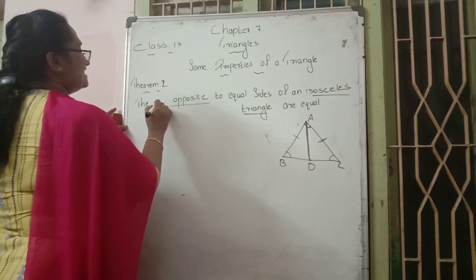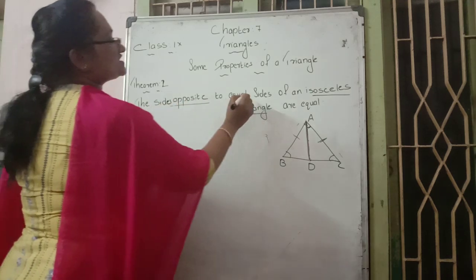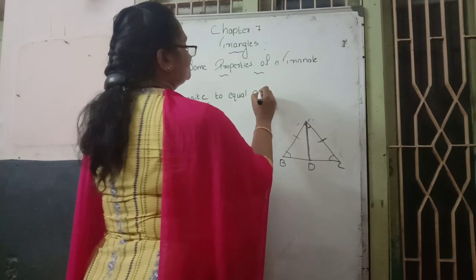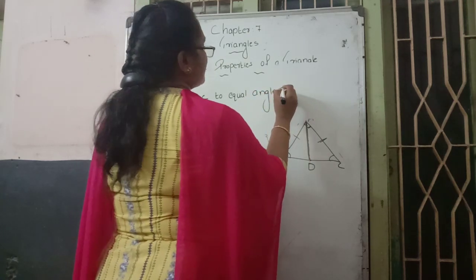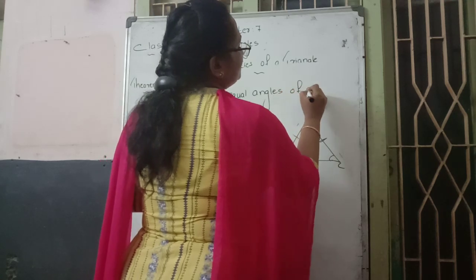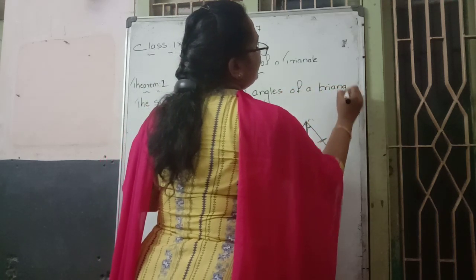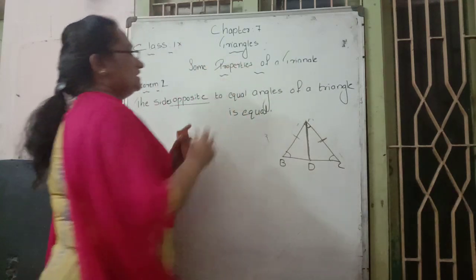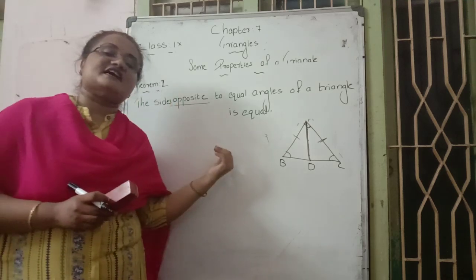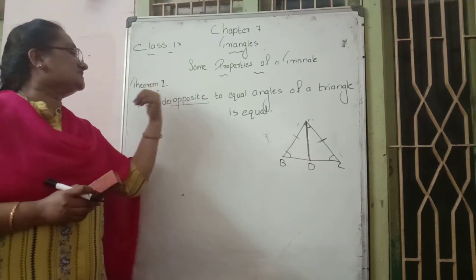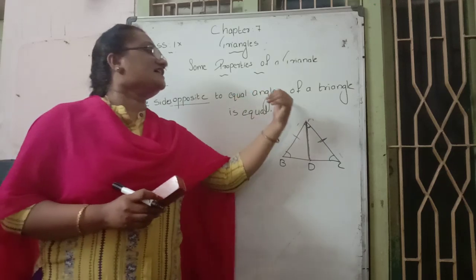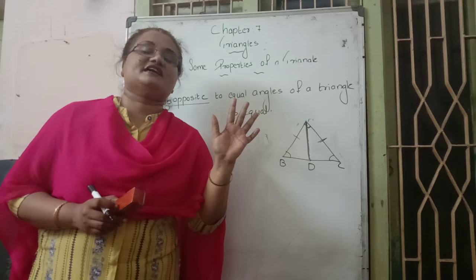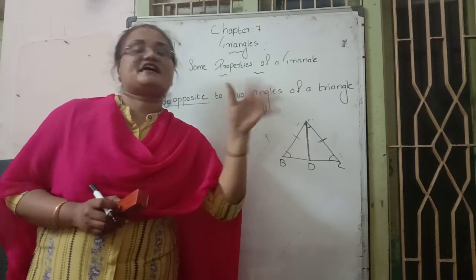The second theorem says that the sides opposite to equal angles of a triangle are equal. But here they do not mention which type of triangle, isosceles or not. They mention just a triangle only.